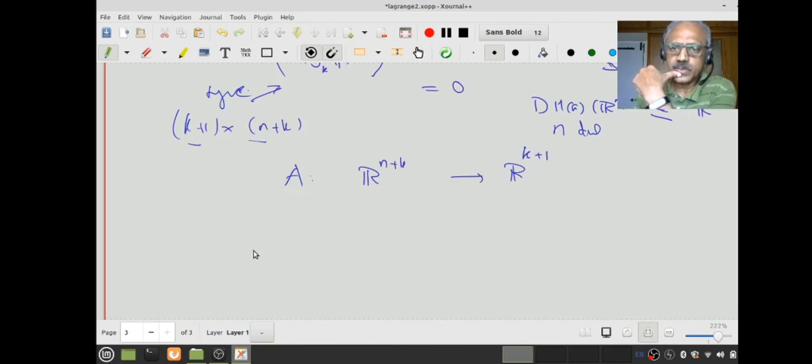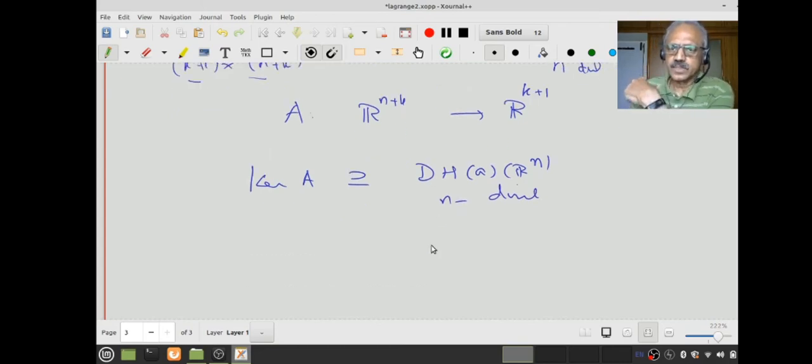And what do I know about this? The kernel of A contains dh(a) of Rn, which is n-dimensional.